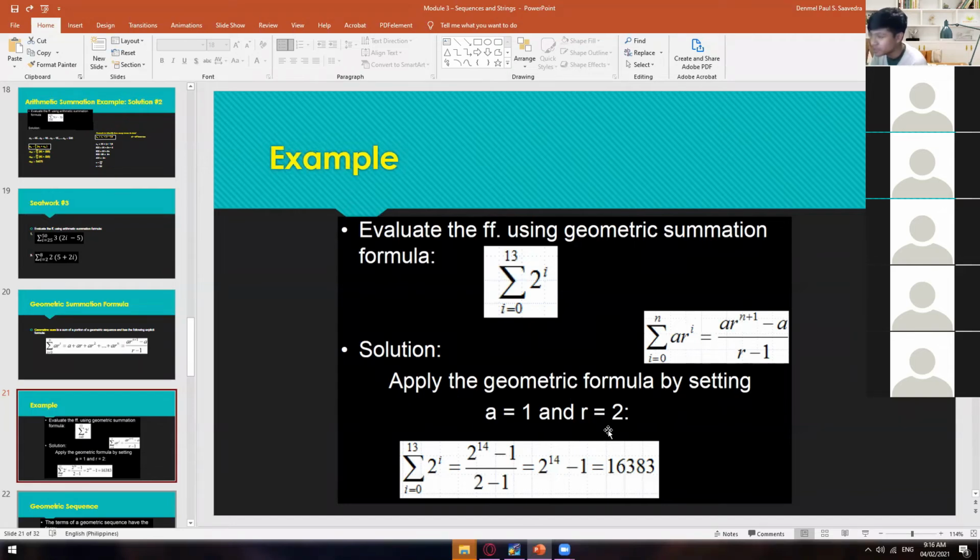So we will look whether this one is really fixed or not in the following examples. So for now, just follow this formula if we have a starting from 0 up to letter n. So are we clear so far? Yes, sir. So let's now proceed to the next one, hoping that we can solve this confusion right here.